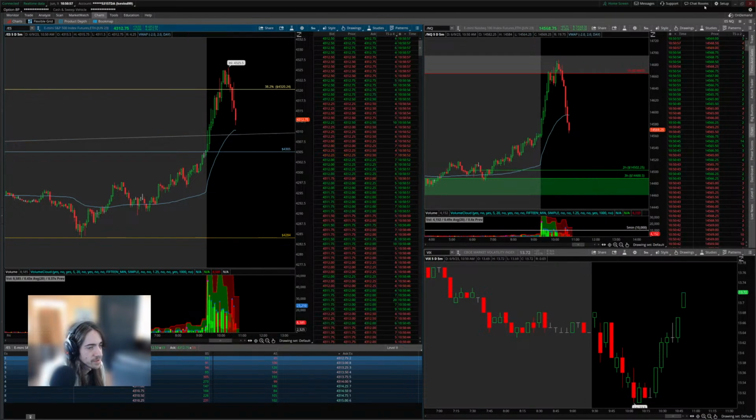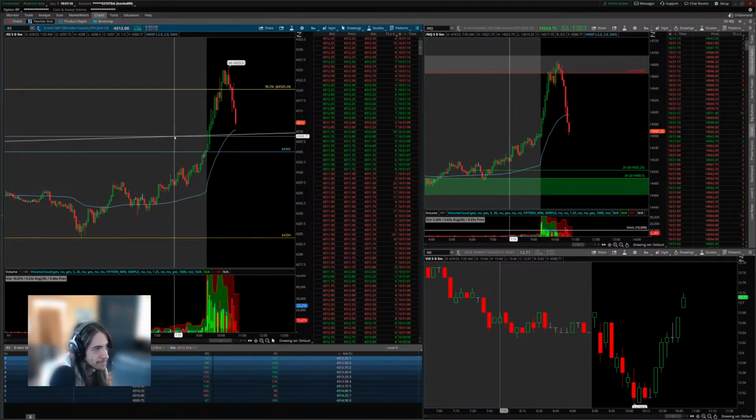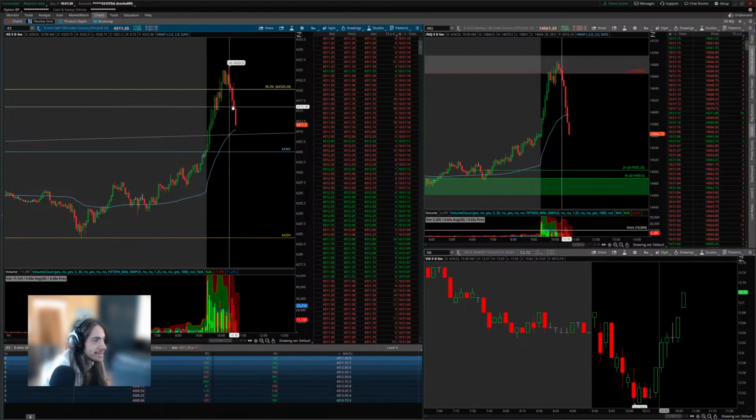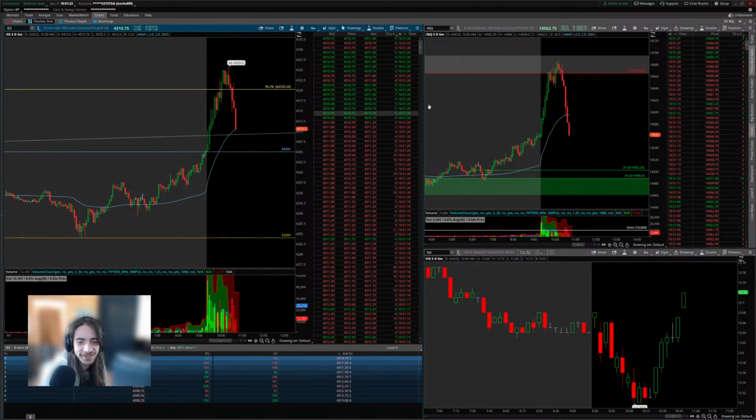Look at that, right near VWAP. I'll get that in a minute. Coming to VWAP right now. Wow. Ain't that something? Damn, look at that.